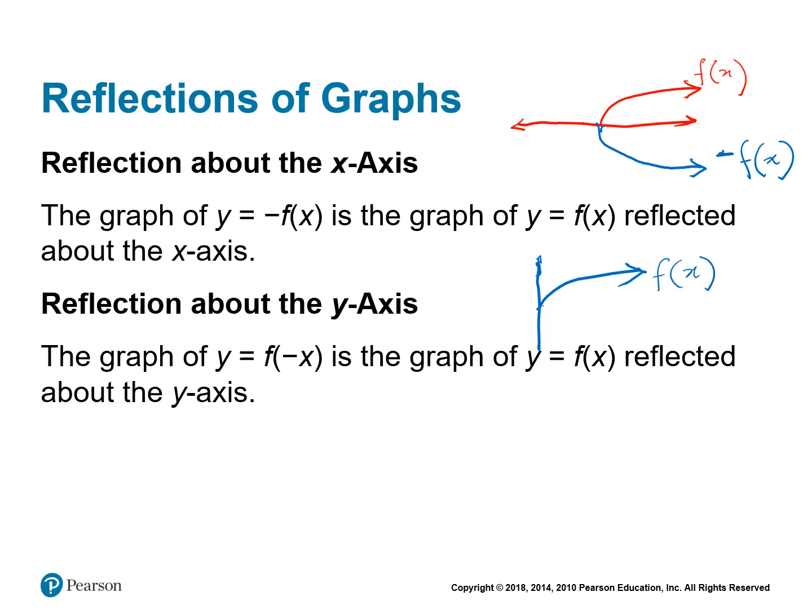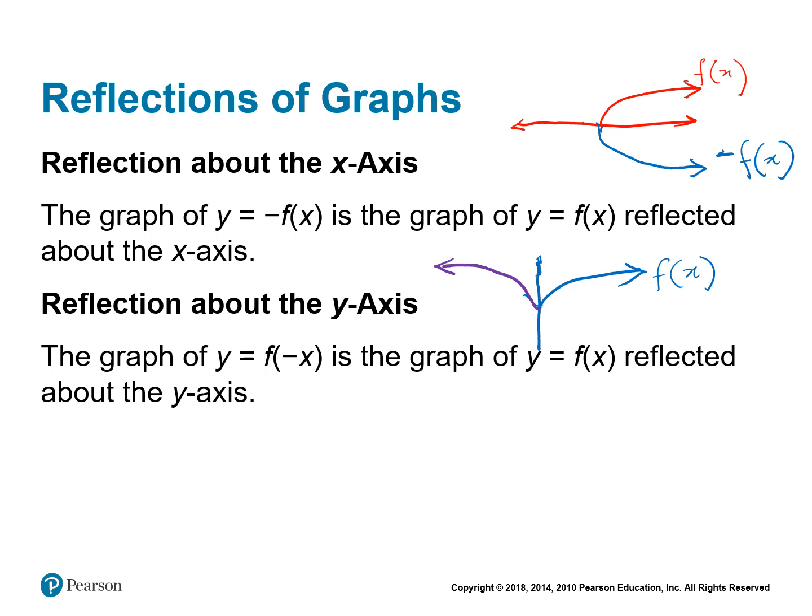When it is reflected about the y-axis, it's going to look like this. It's going to appear on the other side. I'll use purple maybe, to keep the reflected graph different. Okay, this is reflection about the y-axis.